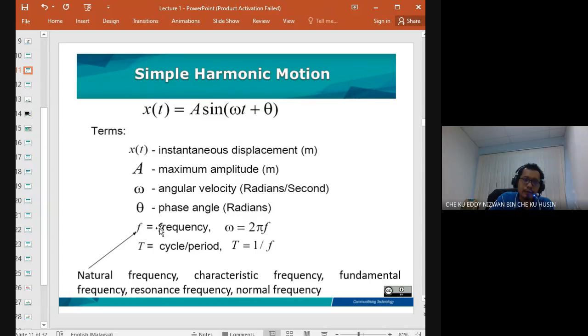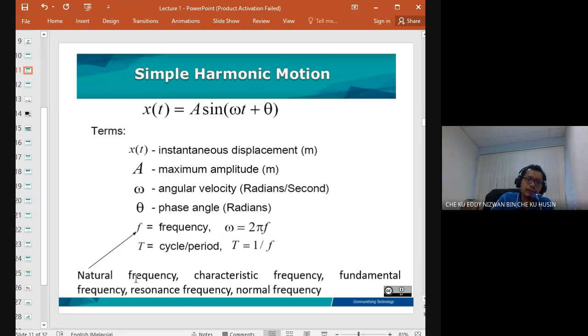f is the frequency, whose relationship with omega is omega equal to 2 pi f. T is the cycle period, which is the time taken to complete one oscillation, T equal to 1 over f, or f equal to 1 over T. f can represent many types of frequency.